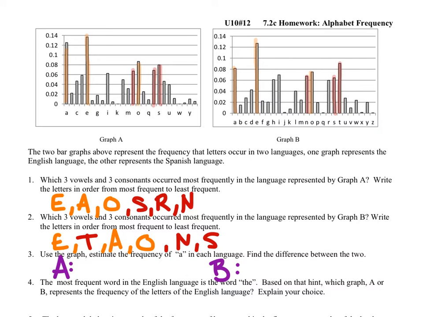Maybe about 0.125-ish. And then B, A happens just a little bit more than 0.08, so maybe 0.08. I'll say that's about a quarter up there. 25.